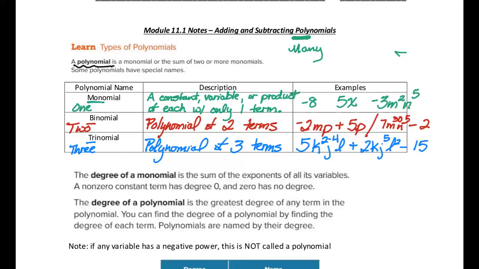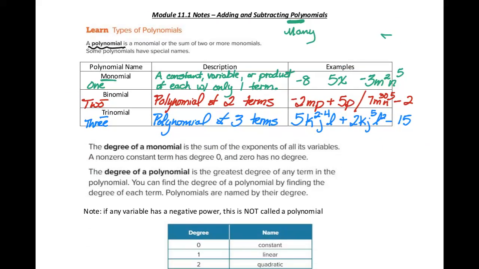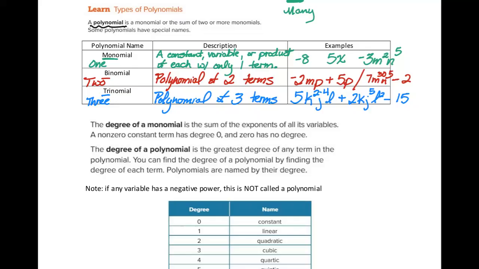It's an L. It's a cursive L, because if I make an L, it might look like a 1. Okay? 3 terms.